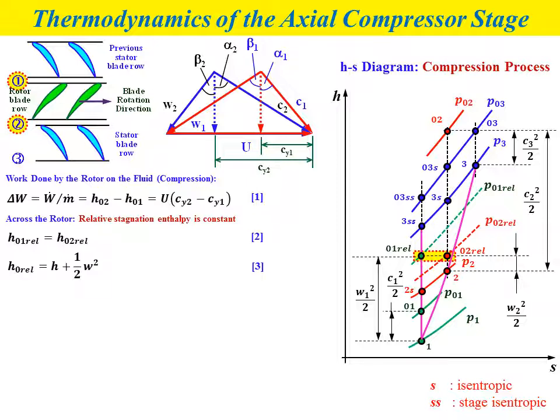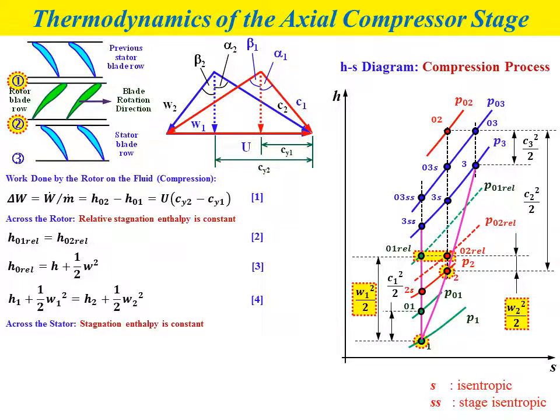We know that the basic equation for relative stagnation enthalpy is represented by equation number 3: H0 relative equals static enthalpy plus half relative velocity squared, W squared. If we substitute equation number 3 into equation number 2, we get equation number 4, where H1 plus half W1 squared equals H2 plus half W2 squared.